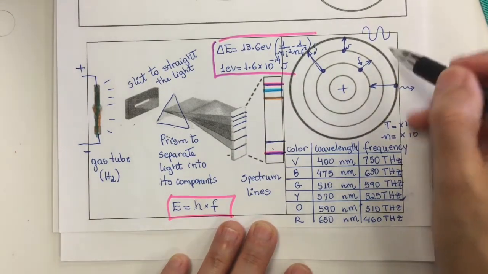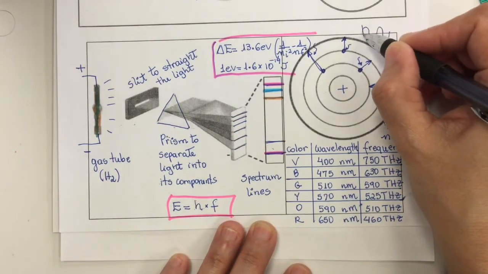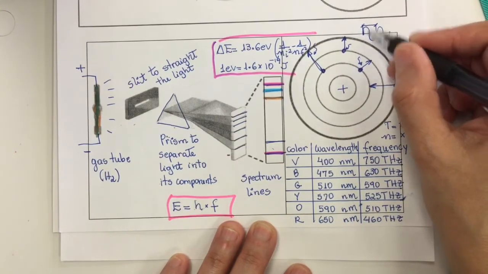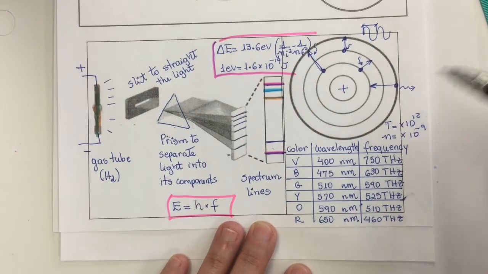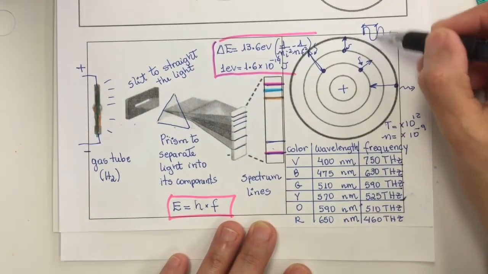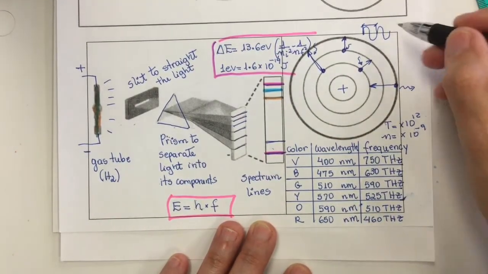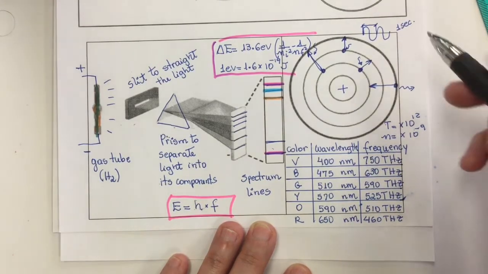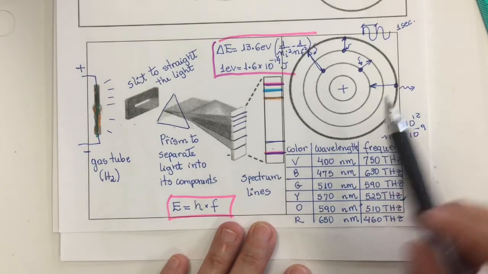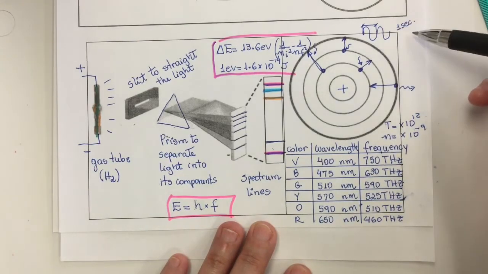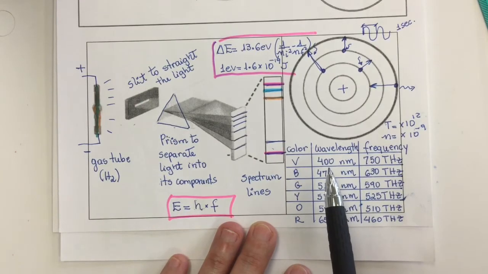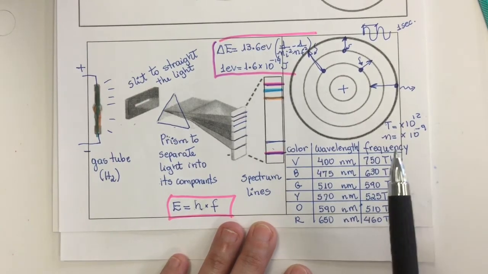Wavelength is the distance of a wave, and frequency means the number of repetitions of this wave in 1 second. So that gives us the frequency.